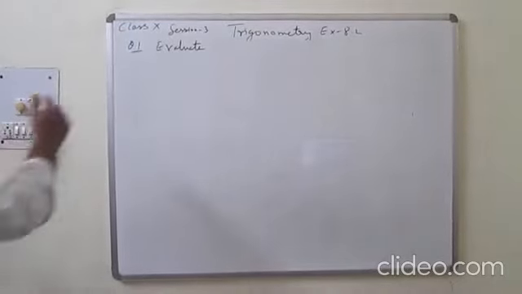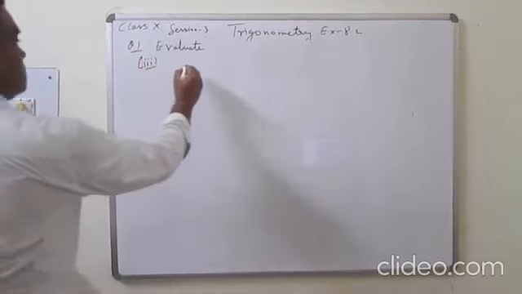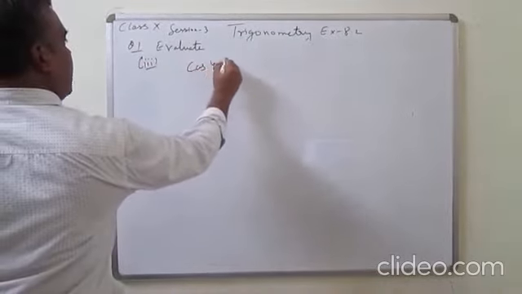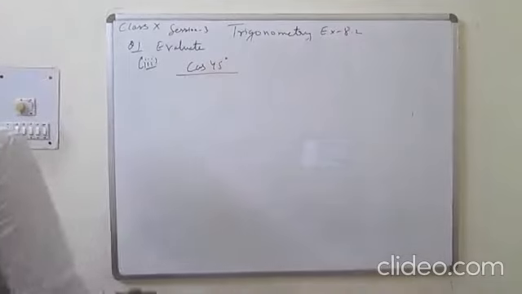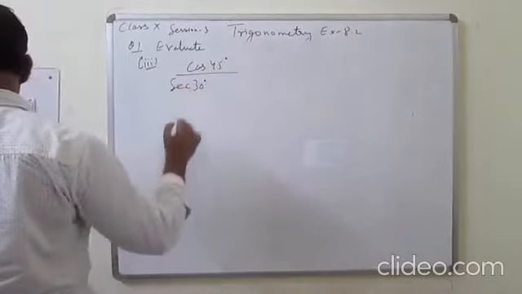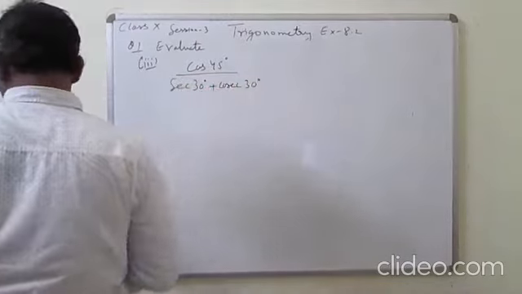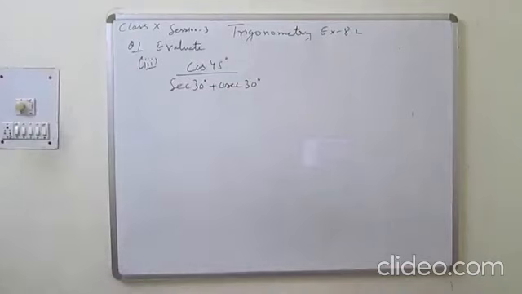Third part, cos 45 degree upon sec 30 degree plus cosec 30 degree. इसको evaluate करना है.